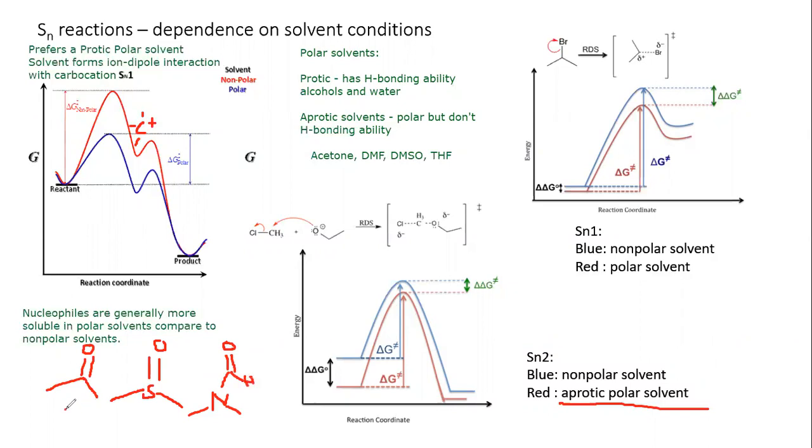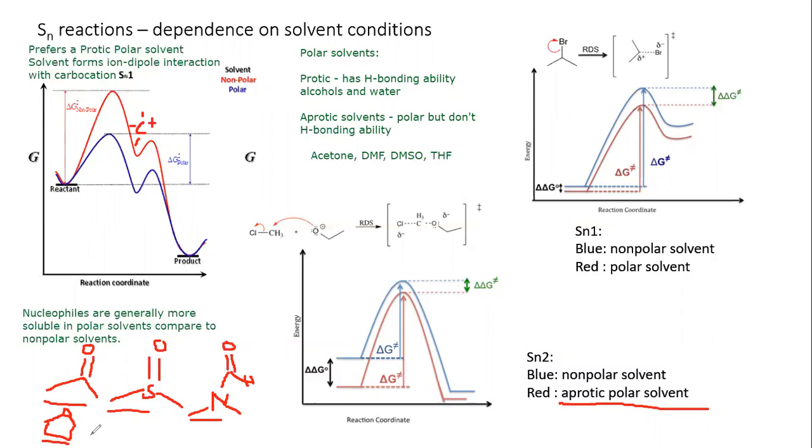And then THF looks like this. A 5-member ring with an oxygen at the apex of the roof. So again, this is acetone, DMSO, DMF, THF. And these are common solvents that you use in the organic chemistry laboratory.